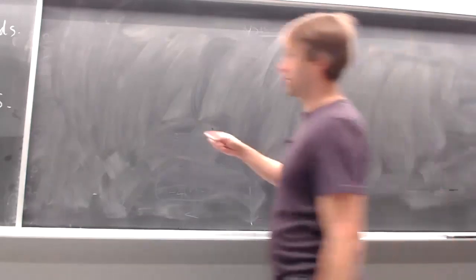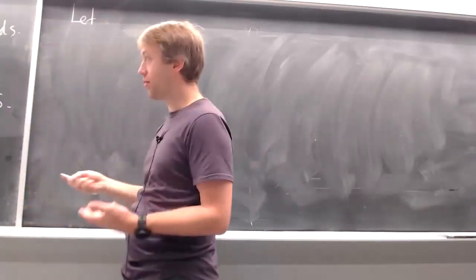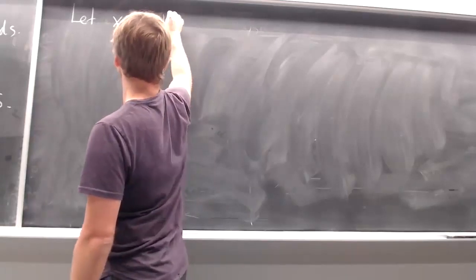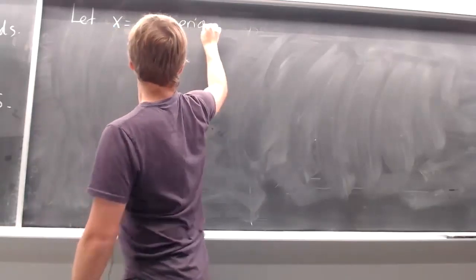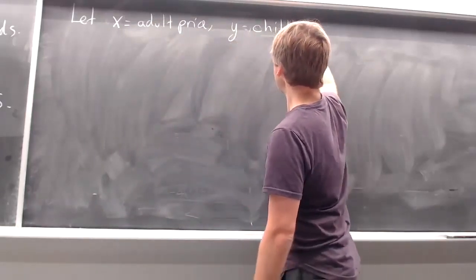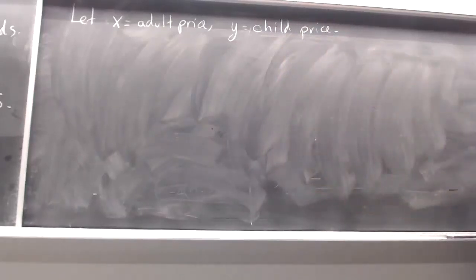So I'm going to come up with 2 variables, x and y. Let's say x is the adult price, and y is the child price. Okay. So from this question, can anyone tell me some linear equation I can write down about x and y?